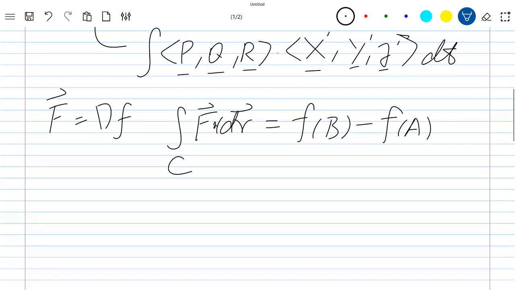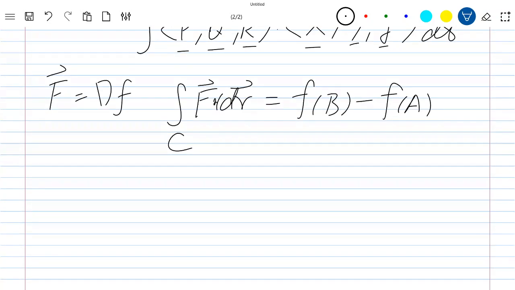So if you are given a field, how do we know if it's conservative, or a potential field? Then there's something called Stokes theorem.